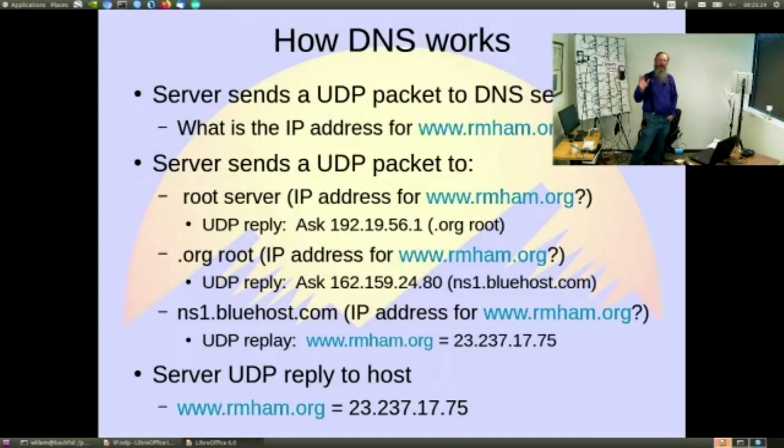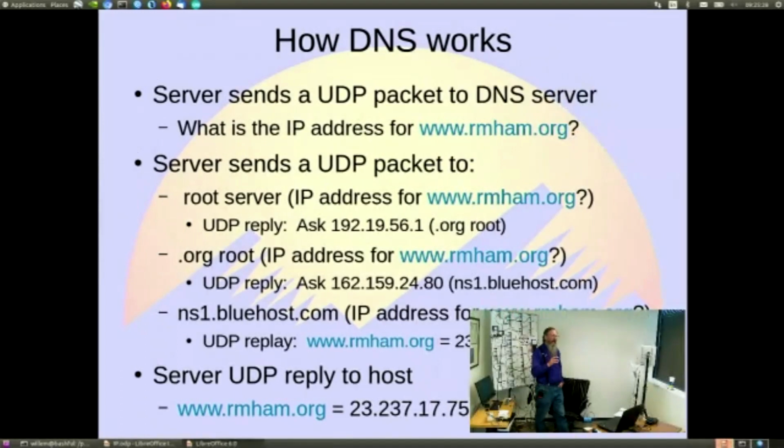So how DNS actually works is it sends a UDP packet to a DNS server. Now, I'll describe DNS in a little bit more detail later, but let's say, for example, we want to know, how do I get to www.rmham.org? In your computer, there is actually a table of root servers.